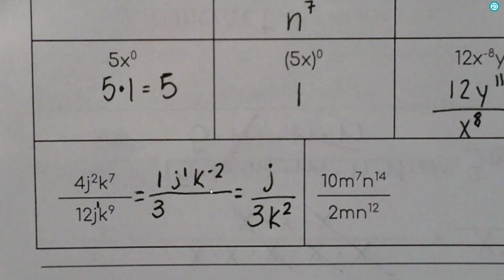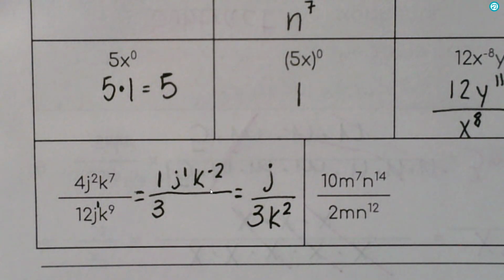I want to show you guys something else you could have done with this one. Instead of doing 2 minus 1 and 7 minus 9, you can kind of use the negative exponent rule and the quotient rule together. And you do 2 minus 1 and put it on top. And then you can see you've got 7 and 9 here.